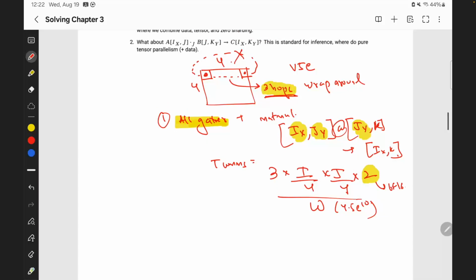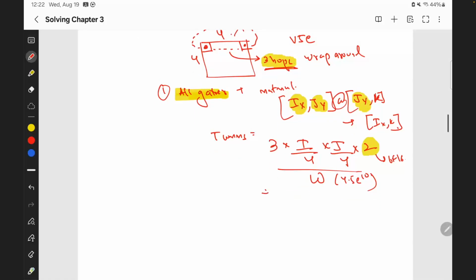So this will be the bandwidth, and this communication was for this matrix. Also we need to do communication for this matrix, and here only the j row is sharded. So again 3 hops.